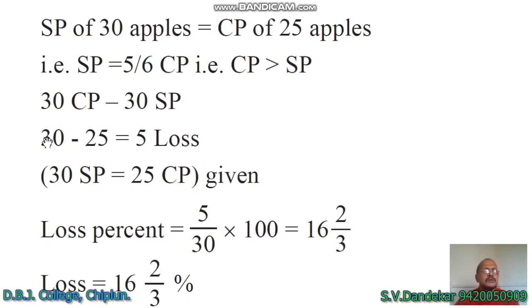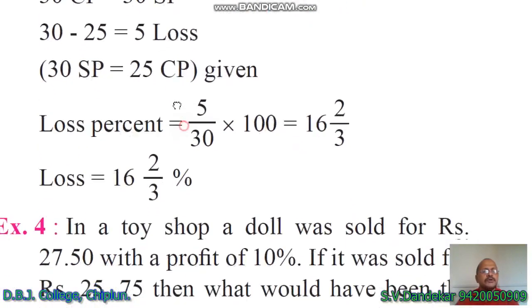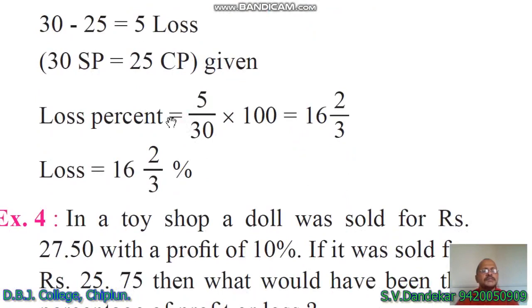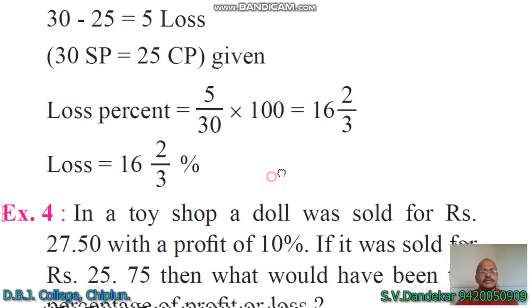Now 30 minus 25 is equal to 5 loss. So 30 selling price is equal to 25 cost price, it is given to us, and therefore loss percent is 5 upon 30 multiplied by 100, it is 16.66 or 16 2 by 3%.